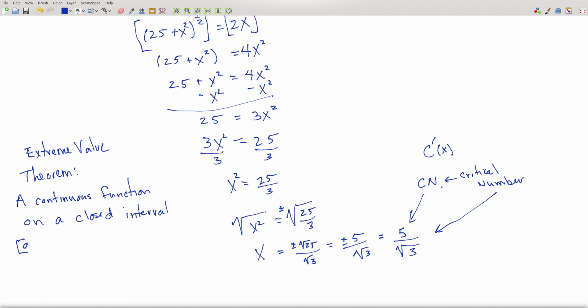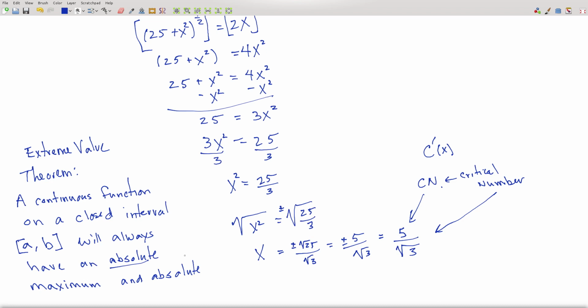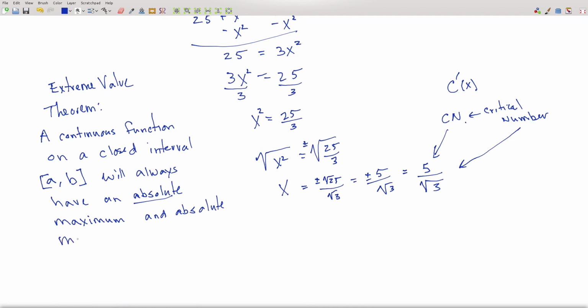Closed intervals look like this: an endpoint A that you include and an endpoint B that you include. This is a big deal.